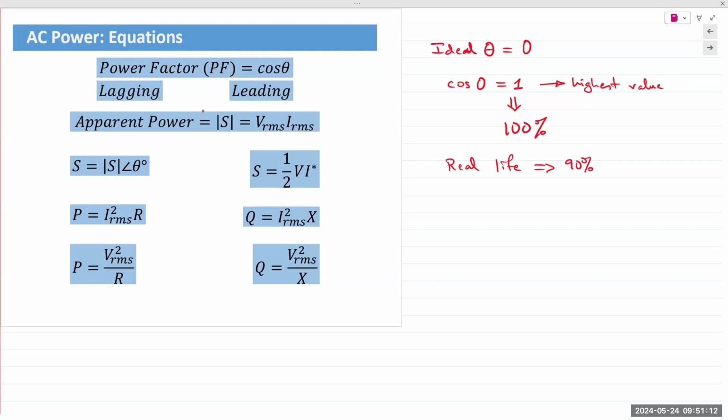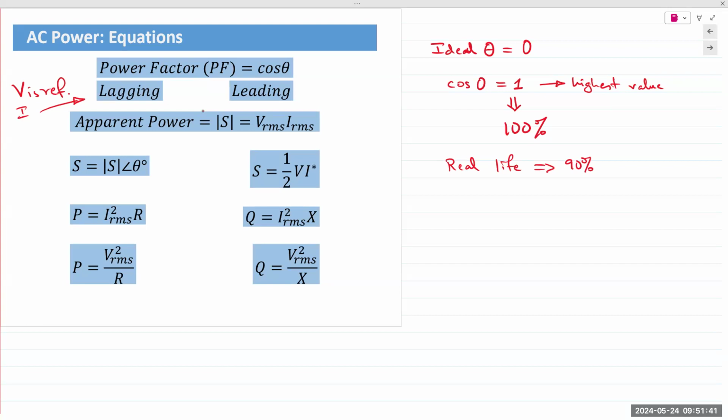So voltage is the reference, V is the reference, and I is the measured quantity. If the current is lagging, we say the system or the power factor is lagging. If I is leading, we say the system or the power factor is leading.